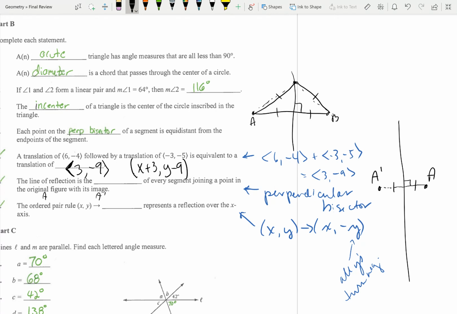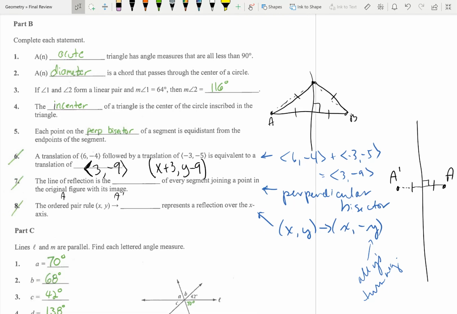So the original figure is like A, and its image is like A prime. Okay. The ordered pair rule (x, y) leads to what? It represents a reflection over the x-axis. Well, if you have a coordinate axis, and let's say I have a point up here, and if I reflect it around the x-axis, then it's going to be down here, right? Now, let's say the coordinates of this are x is 2, y is, let's say, 3.